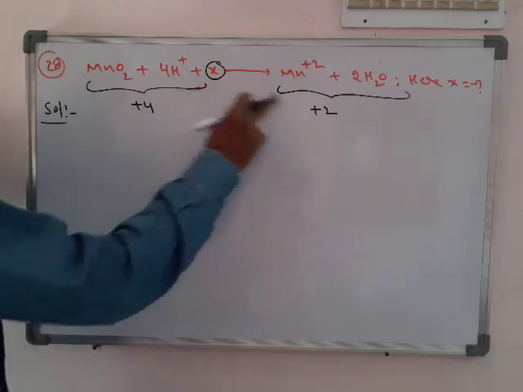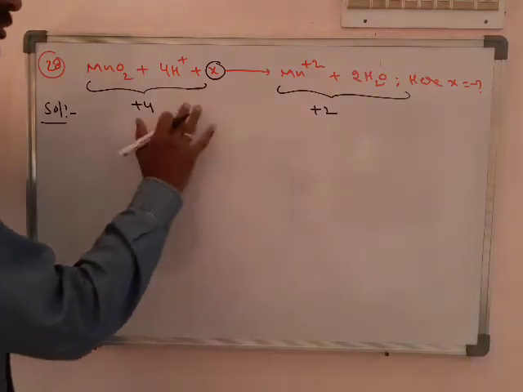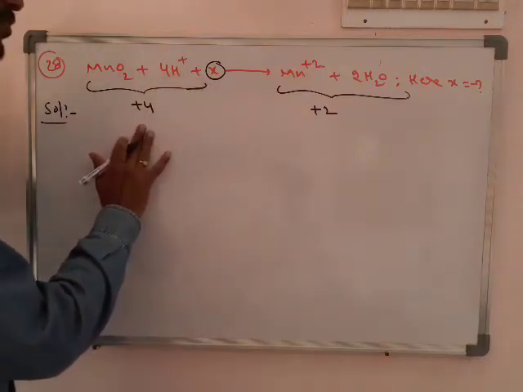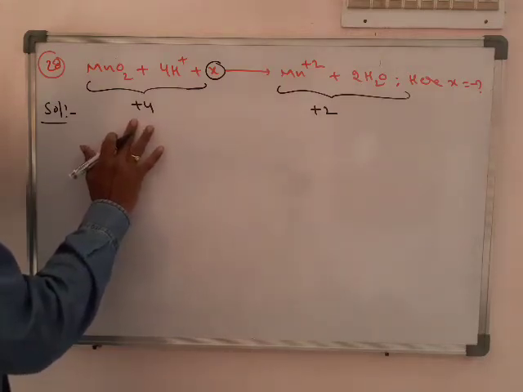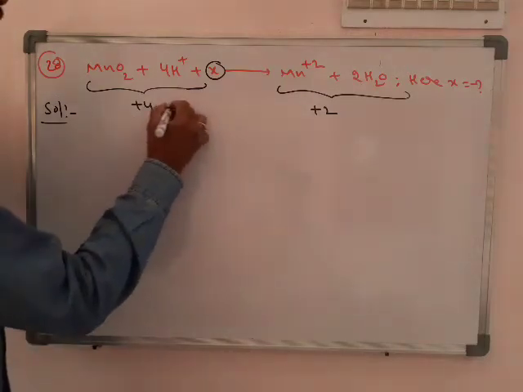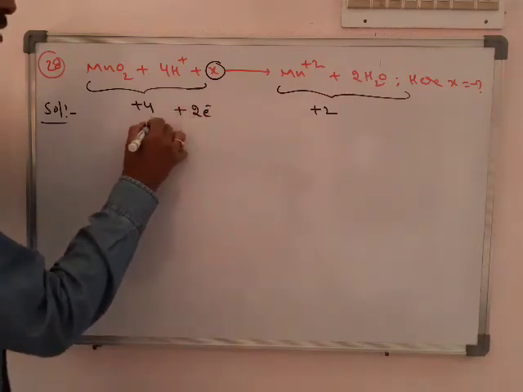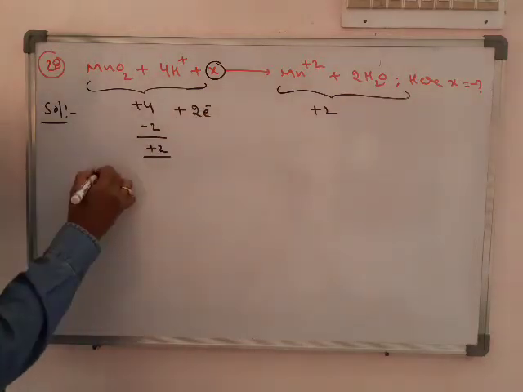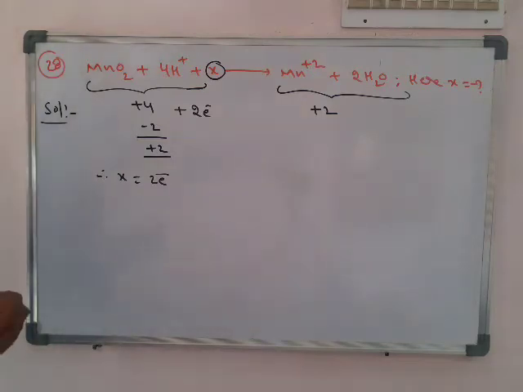We know electrons are always added to the side where the charge is highest. How many units higher? 2 units. If you add 2 electrons, that is -2, so the total becomes +2 and +2. Therefore X equals 2 electrons.